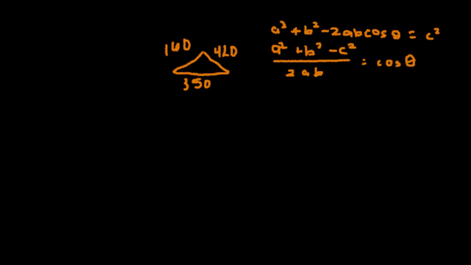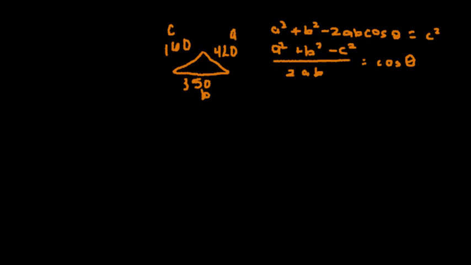Okay, so now that we know this is the formula we'll use to find the angle measure, and we also know that the smallest side will always have the smallest angle, we can implement each side into the formula. So now we can name this C. We can pick either one of these to be A or B, but I'll just choose this is A and this is B, right?